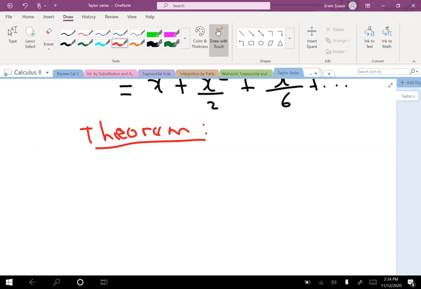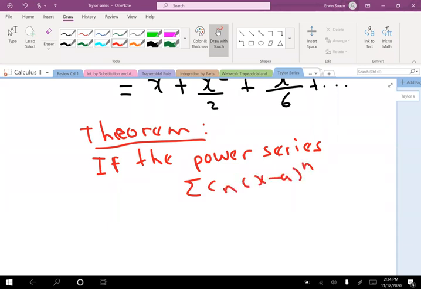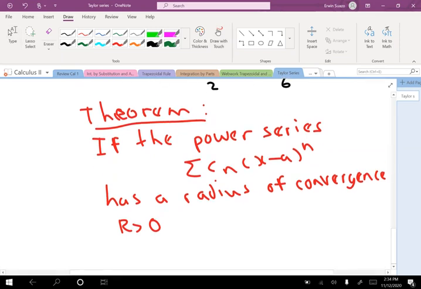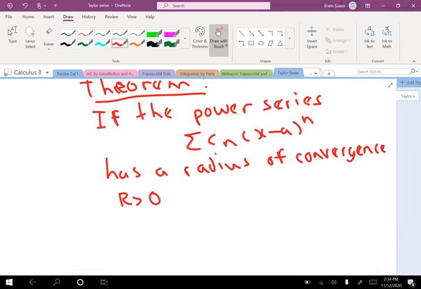So let me write this theorem. If the power series, the sum of Cn times (x minus a) to the n, has a radius of convergence R bigger than 0. So remember, that is given by the ratio test.